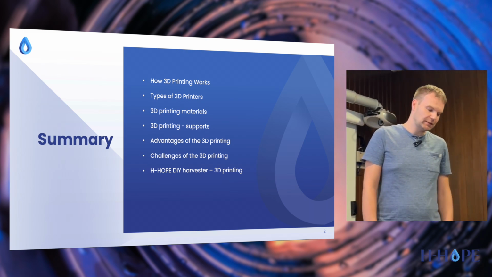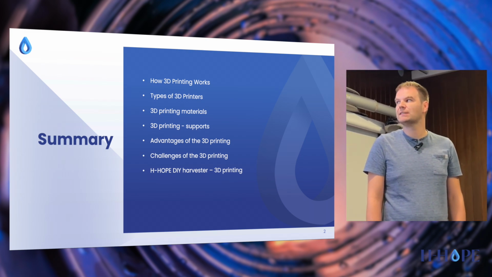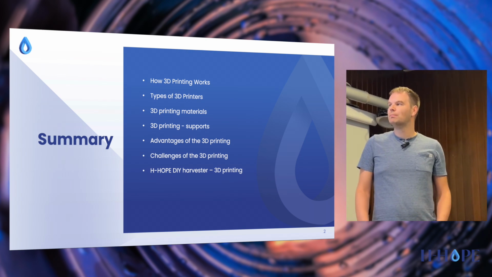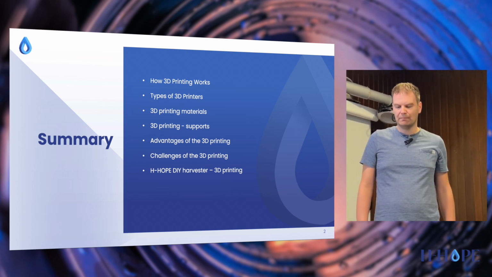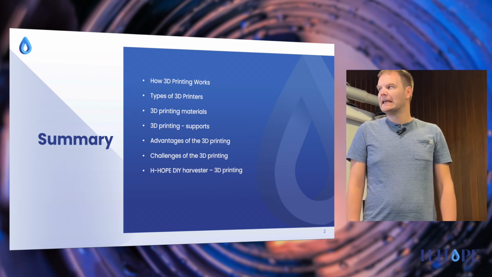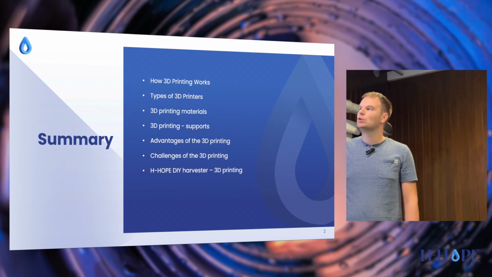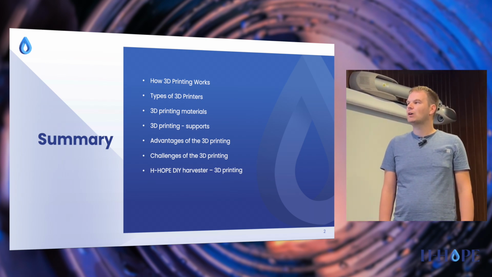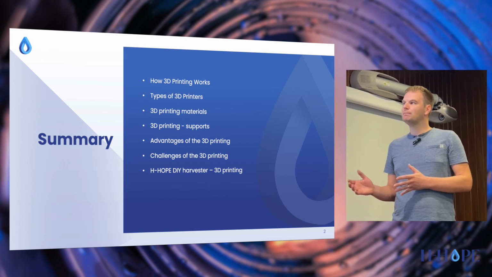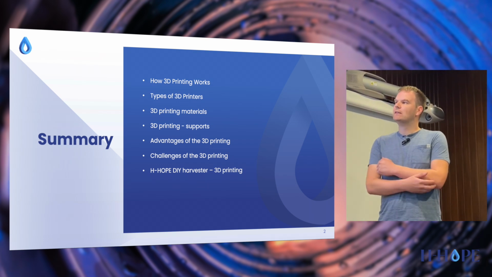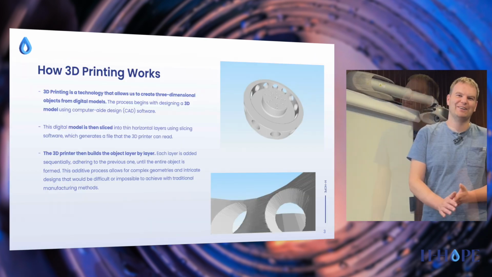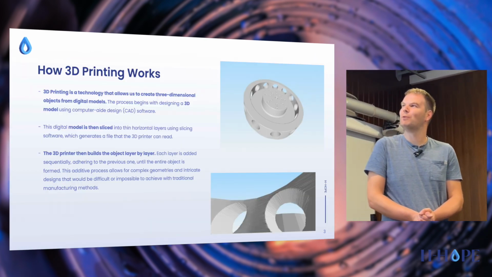Then we will check what are the advantages and disadvantages of 3D printing compared to the traditional manufacturing methods. And then we will check the HOP do-it-yourself harvester, how we use 3D printing to create the harvester.